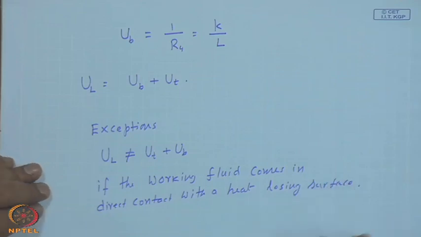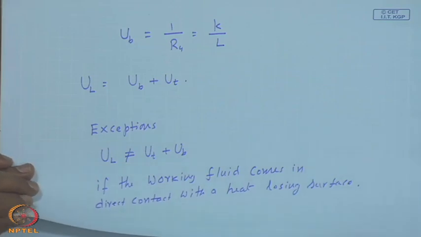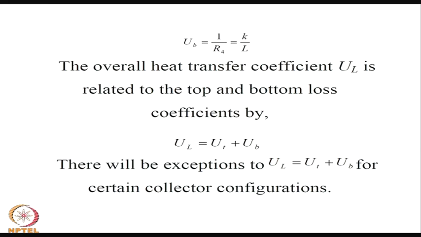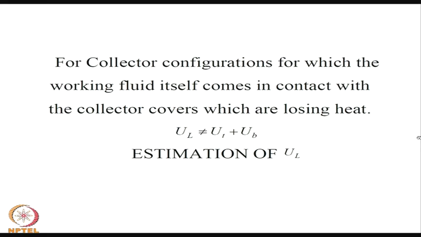In other words, all that is being considered as UT is not a loss, a part of it is going to the fluid also. So, we shall come to that type of collector configurations a little later, at least one of them.